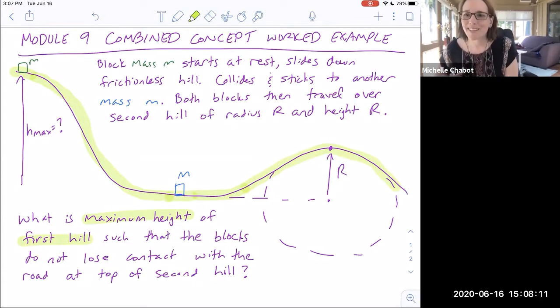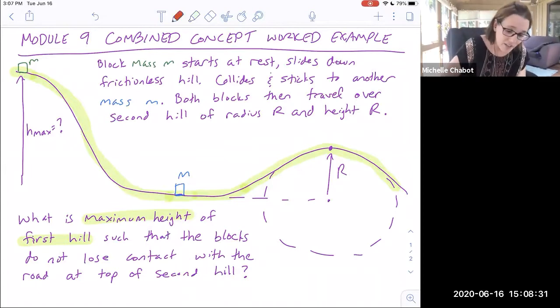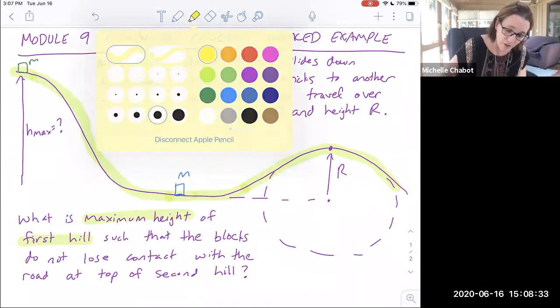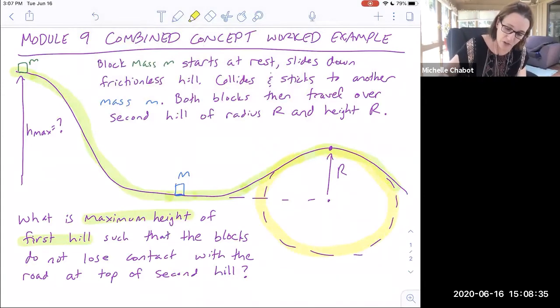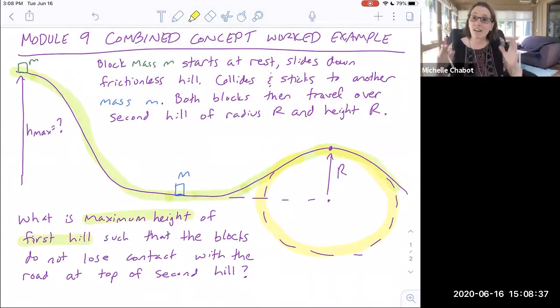Okay, so we have a couple things going on here. There are a couple things that should catch your eye immediately in terms of problem recognition. One of them is a vertical circle, so that means we are going to be using Newton's second law and conservation of energy combined together. So in this portion of the problem with the vertical circle, we're going to have Newton's second law and conservation of energy at play.